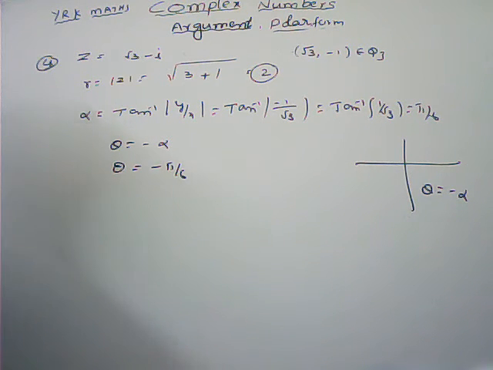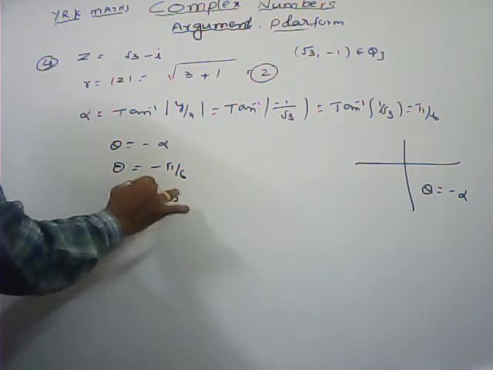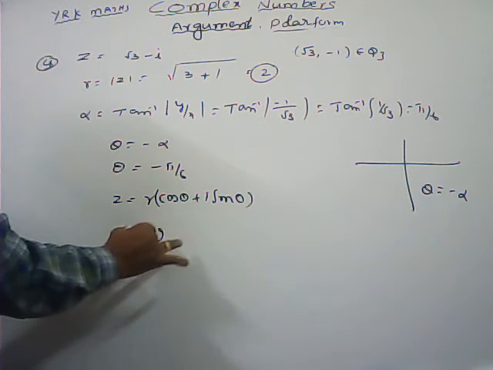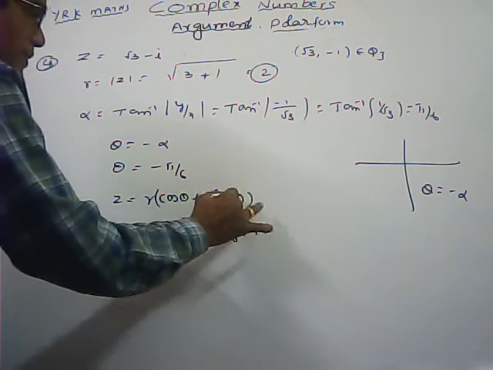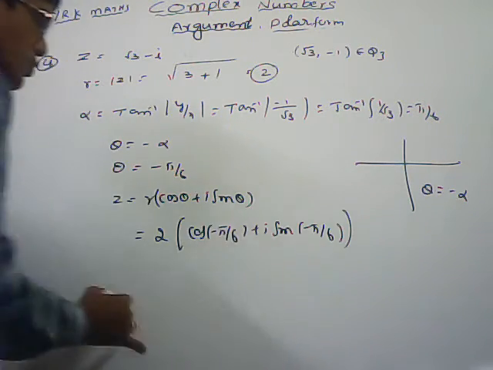Now, how to write the polar form? z is equal to r into cos theta plus i sin theta, r value 2 into cos of minus pi by 6 plus i sin of minus pi by 6. This is also correct.